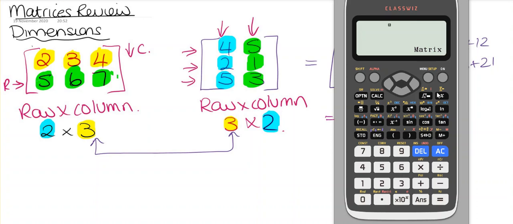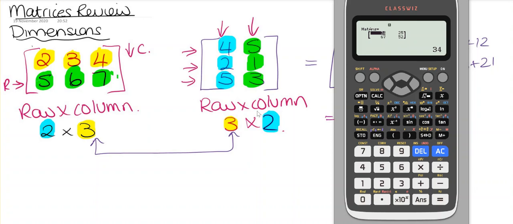So I'm going to multiply matrix 3, well A, and this is multiplied by option number 4, matrix B. And I'm going to press equals, and it's going to give me my numbers. You can see it's a 2 by 2 matrix.